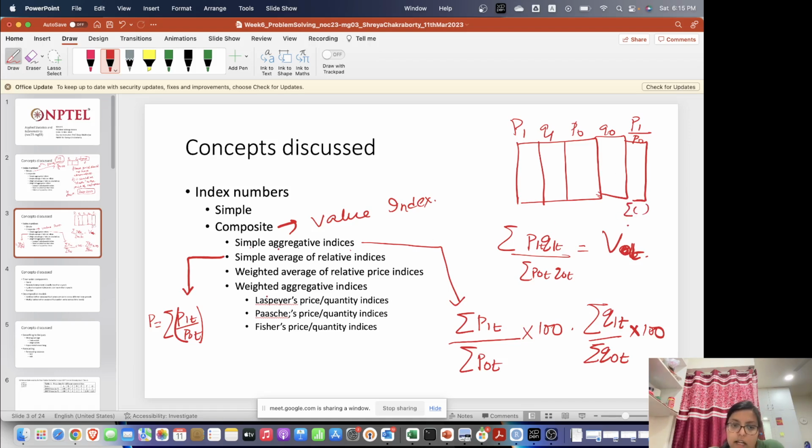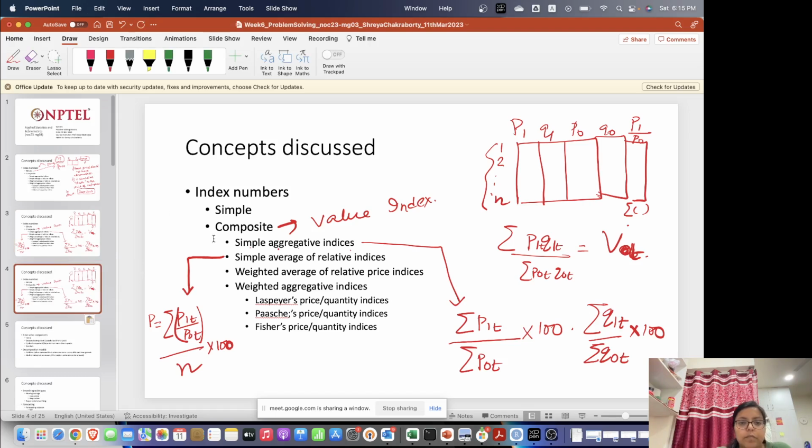Or in other words, we take an average by the total number of commodities that we have in our basket, and that is expressed in terms of 100. Okay, so we learnt about this as well.